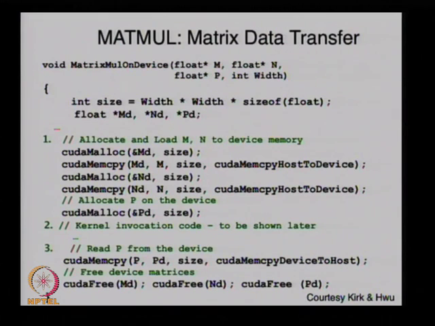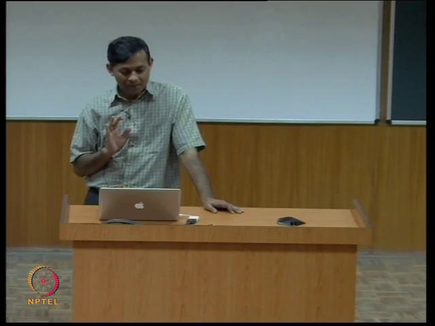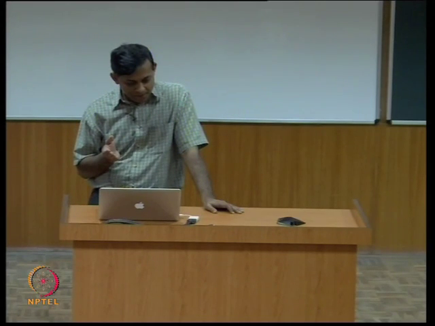So we decided that this is not the only way, right? In fact, we will discuss what other alternatives you might have chosen. In this case, you want one thread to compute one element of the resulting product matrix. Just to make sure we understand the parameters, there is float star N. Those are the two matrices.